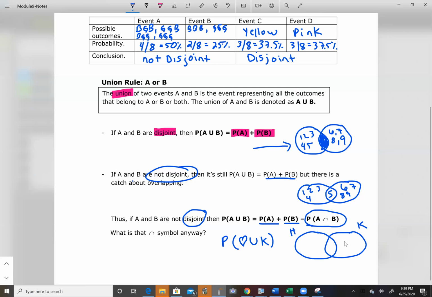On the king side, there would be 4 cards, right? You would have a diamond king, a clover king, a spade king and a heart king. But I'm going to put the heart in the middle because that is both a heart and a king, obviously.